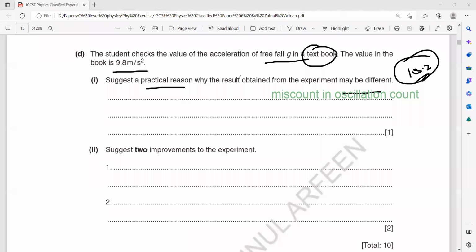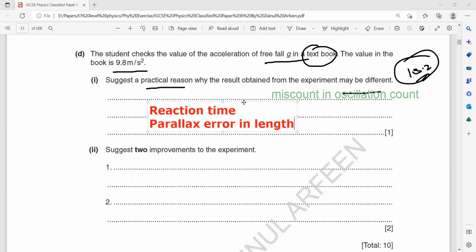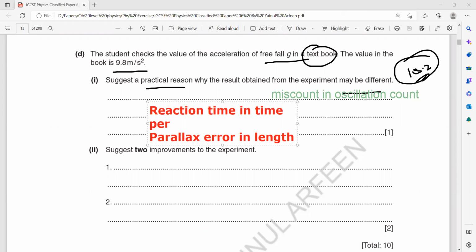Air current is in the surrounding, but if you mention reaction time in measurement, that leads to an error, or the parallax error in measurement of the length. Any one you can mention.